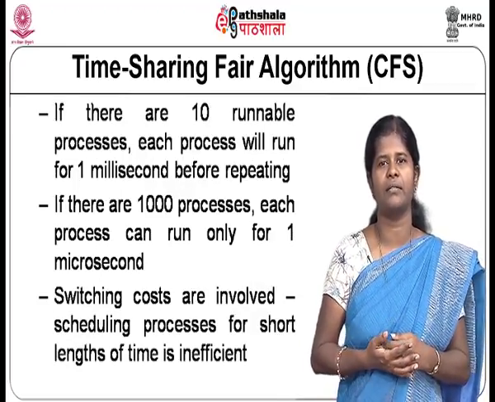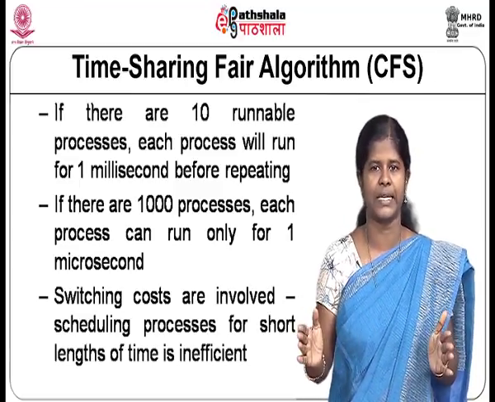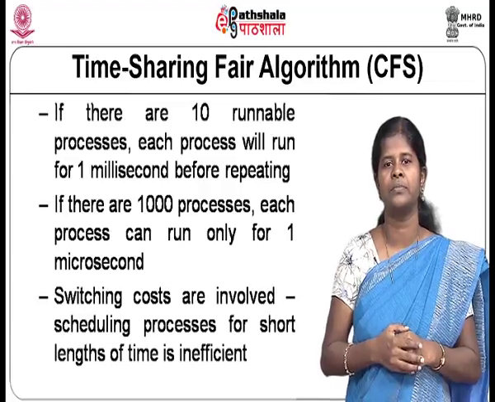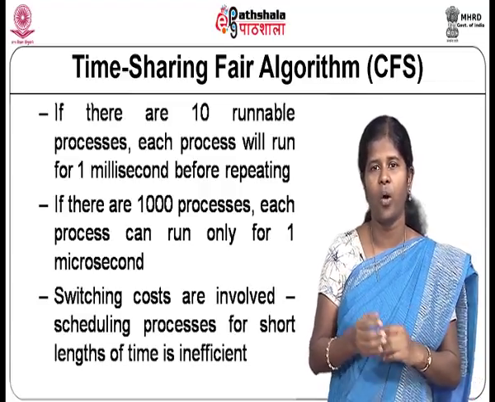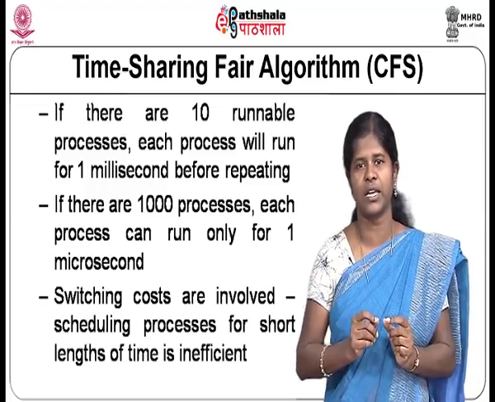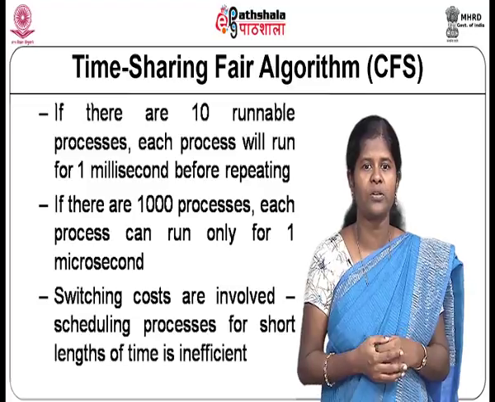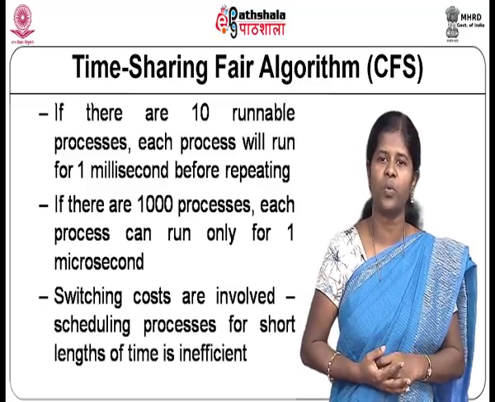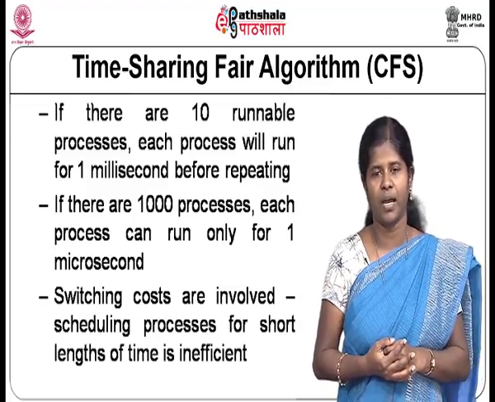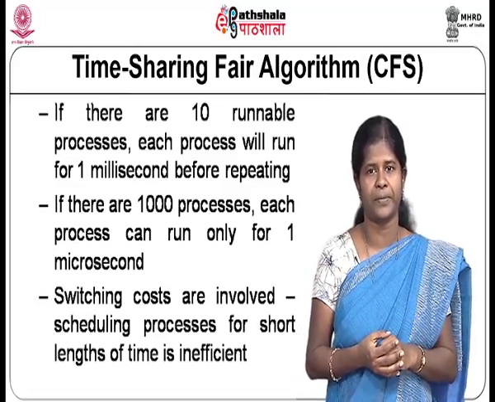Suppose there are 10 runnable processes and you have 10 milliseconds as the time frame. How long will each process get? Each process will get a time duration of 1 millisecond. But if there are 1000 processes, each process can run only for 1 microsecond. Now, think of the cost involved in context switching.